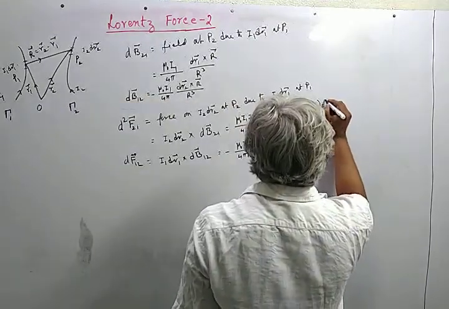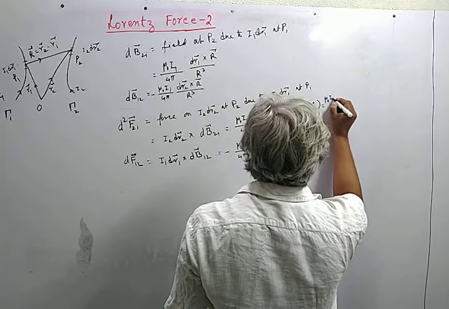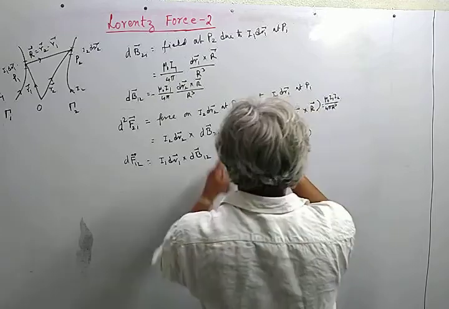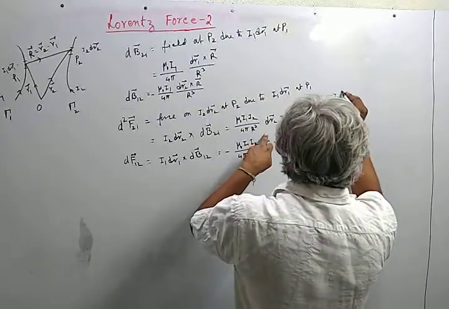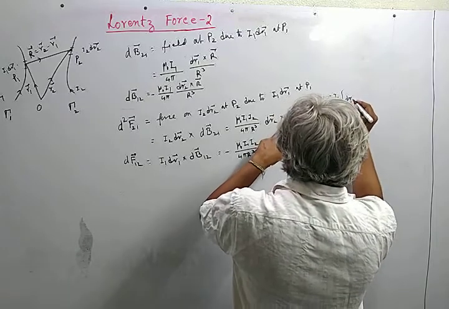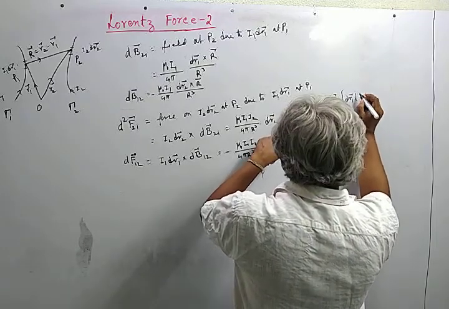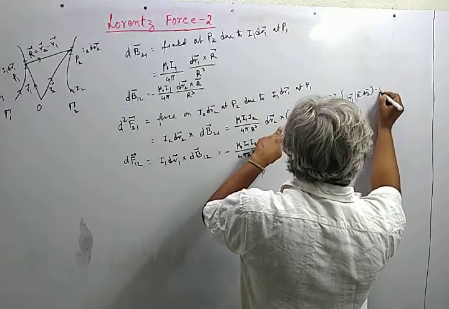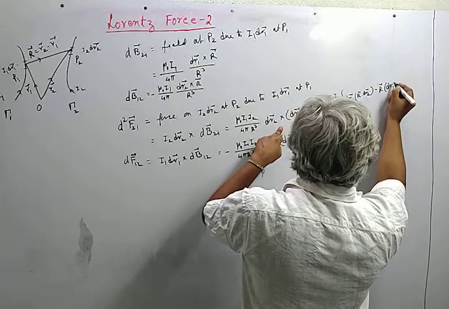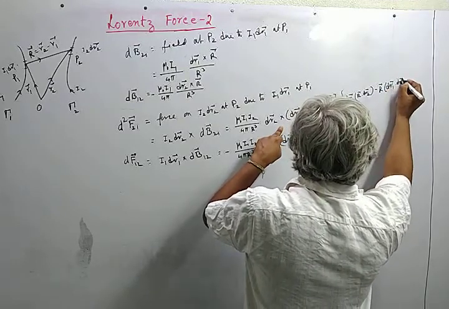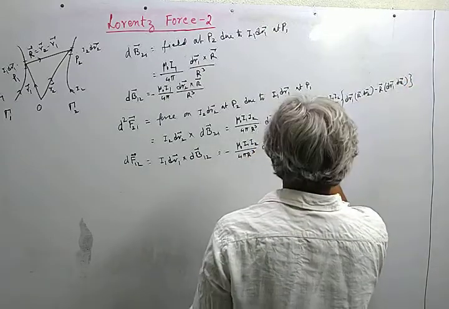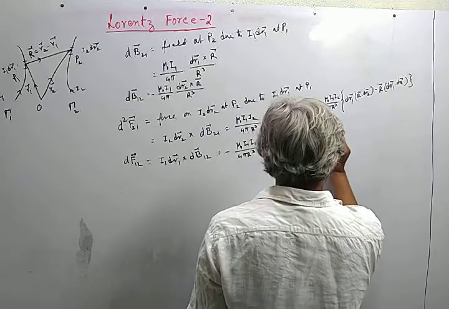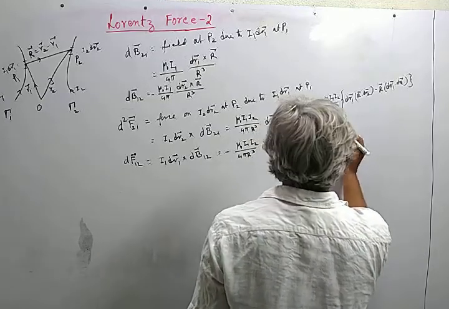This is equal to mu 0 I1 I2 by 4 pi R cube, this part, and this part is dR1. Similarly, this is equal to minus mu 0 I1 I2 by 4 pi R cube.